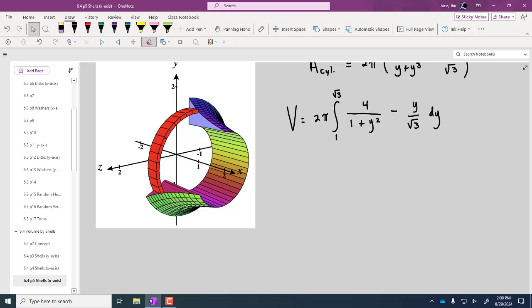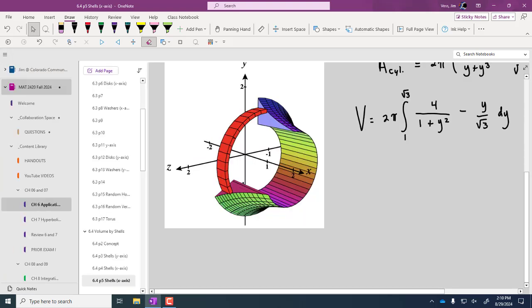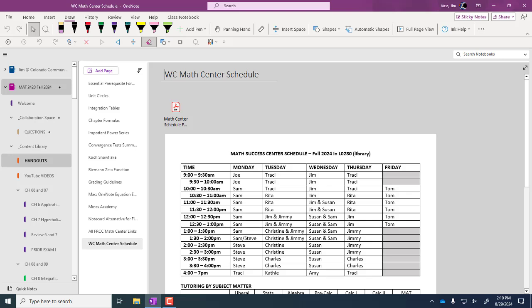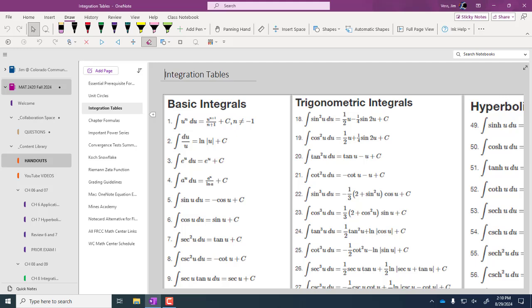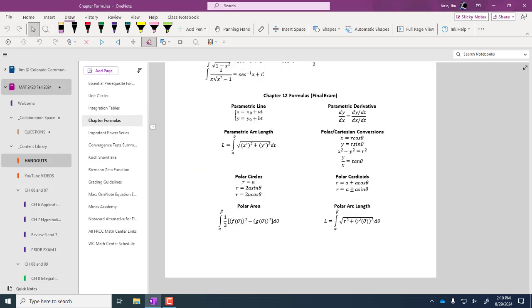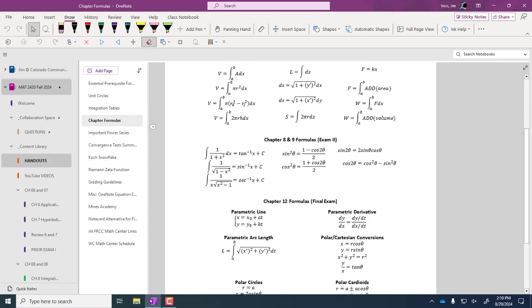Okay, so there are a couple of examples that you'll see in your homework in the chapter 6 chapter where you may not immediately recognize the antiderivative. And these tend to be a couple of inverse trig functions. It all depends on how much you did in Calc 1. So if we go to the chapter formulas, the inverse trig functions are right here.